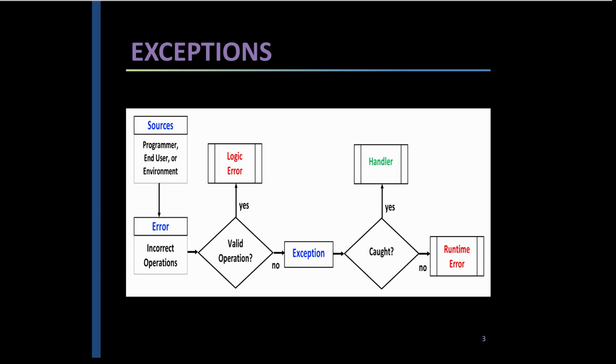The answer is not a number, and it continues like that. So if the incorrect operation triggered by the program does not bother the CPU, execution will continue because the operation is valid in the eyes of the CPU, and in that case, we end up with a latent logic error. That means the program will run without problems, yet the output is incorrect.